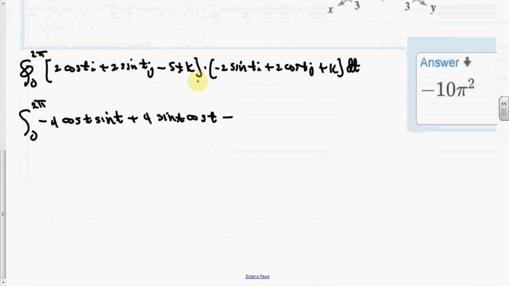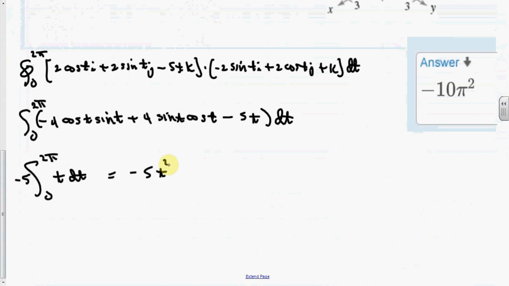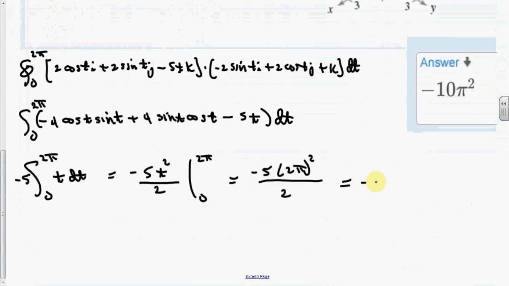So it's negative 5t. You're just integrating negative 5t. That's all. That's why that one was so easy. So we get negative 5t squared over 2, evaluated from 0 to 2 pi. Negative 5 times 2 pi squared all over 2. So that gives us negative 20 over 2. That's just negative 10 pi squared.